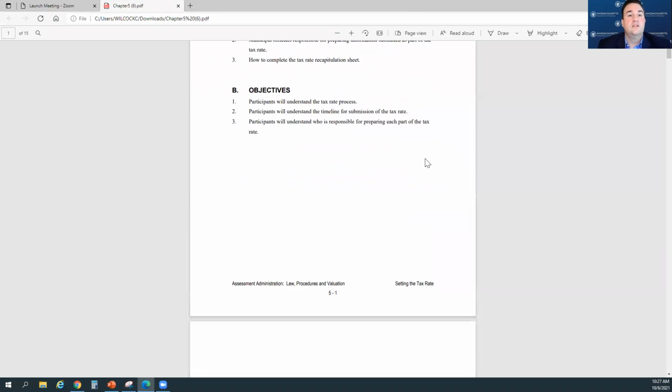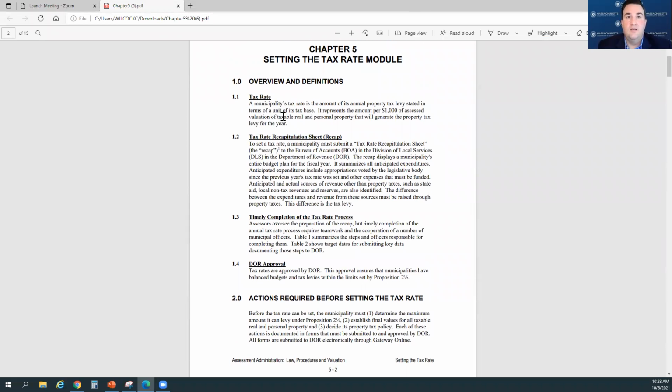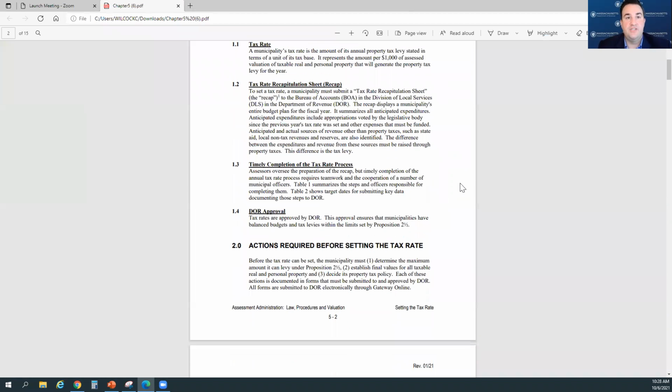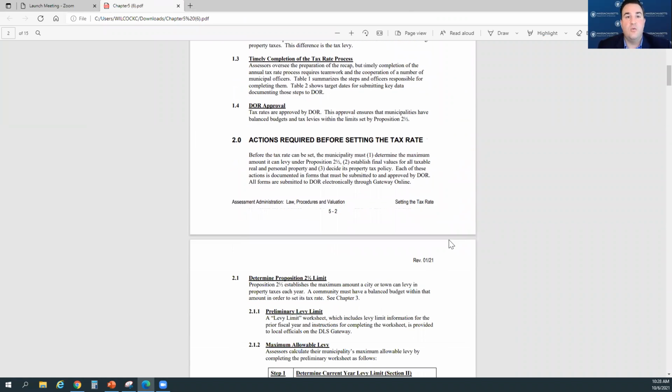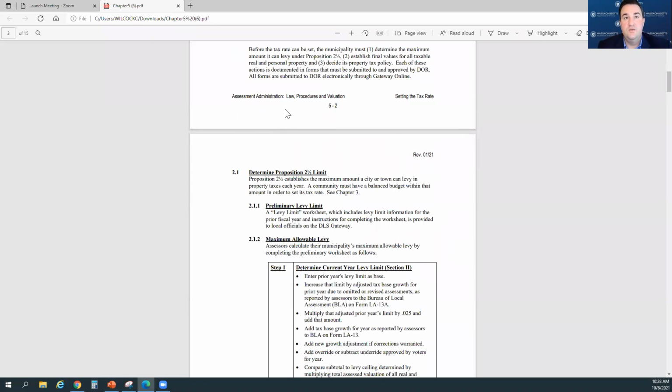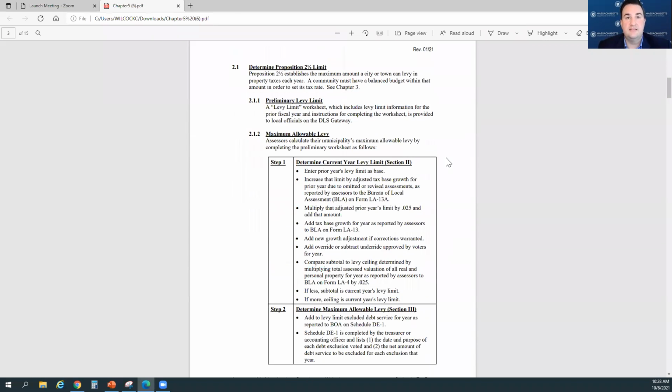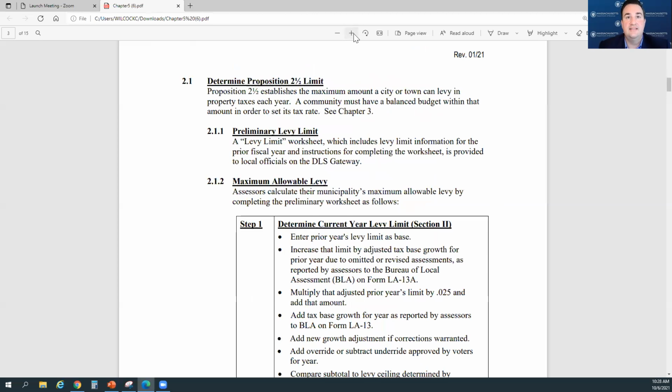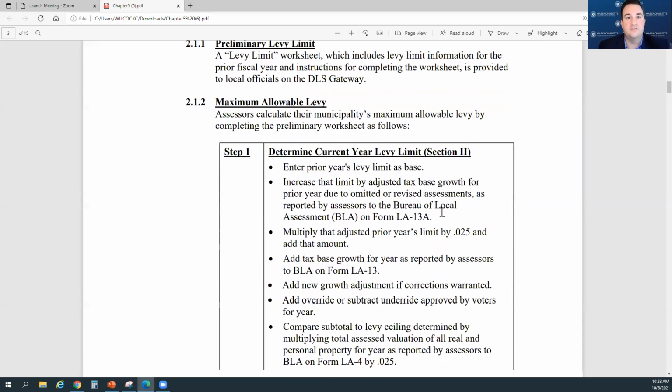Okay, so if someone's asking, how does a tax rate work? How does a recap sheet work? What actions are required? Feel free to use this and to cite this type of information. It's much easier to copy and paste some of these complex Massachusetts specific tax policy questions. It's much easier to take a resource like this and to use this to answer the questions instead of coming up with your own answer.